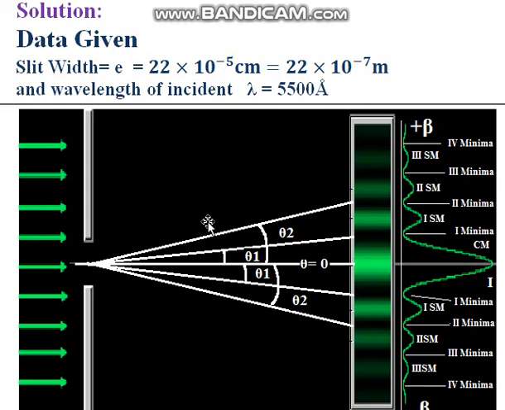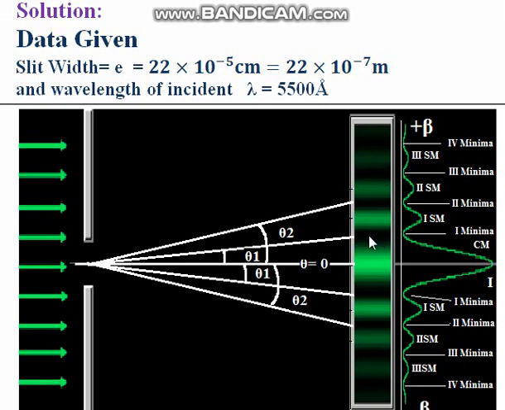Here there is a source of light with lambda 5500 angstrom, and this light falls on the screen and diffraction takes place, and a diffraction pattern is obtained on the screen. This is the central maxima, this is the first minima and this is the second minima. We have to obtain the angular position of these two minima.